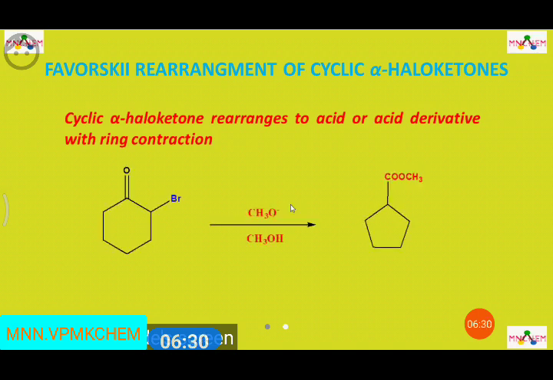This is 2-bromocyclohexanone, which undergoes Favorskii rearrangement, and we get an ester, which is a cyclopentyl ester. Here we observe that the ketone is a 6-membered cyclic structure, whereas the product formed, an ester, is a 5-membered cyclic ester.